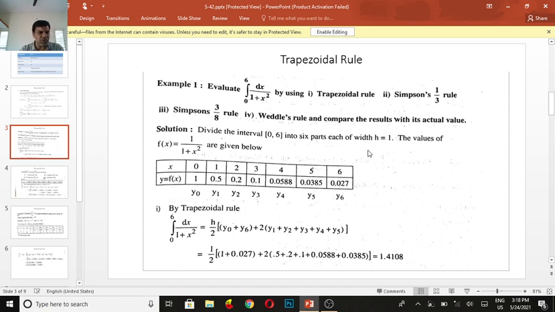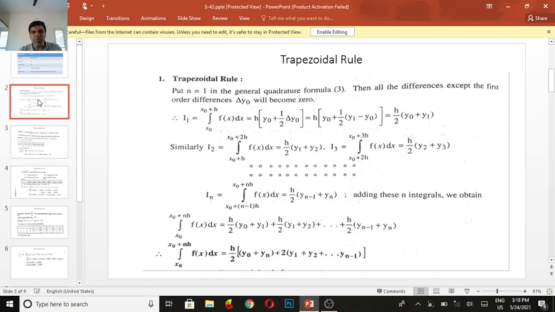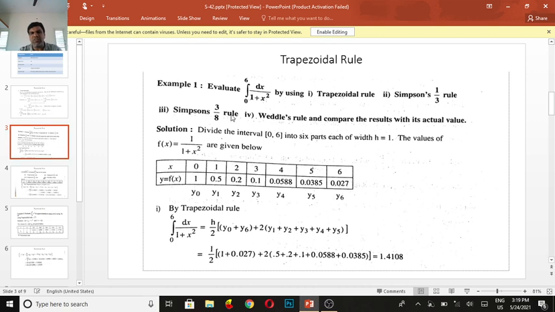In the trapezoidal rule, we substitute these values. The interval is 0 to 6, so we divide the interval into 6 parts, and the equal interval width is 1.